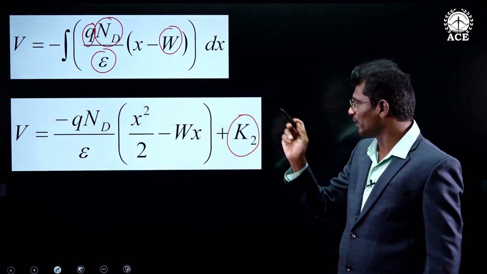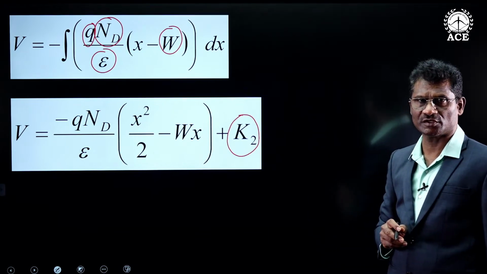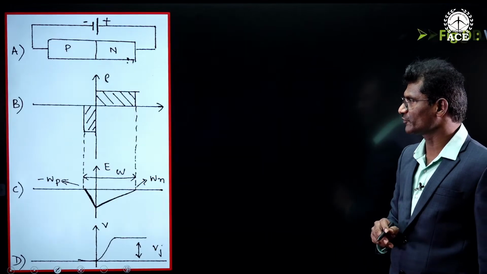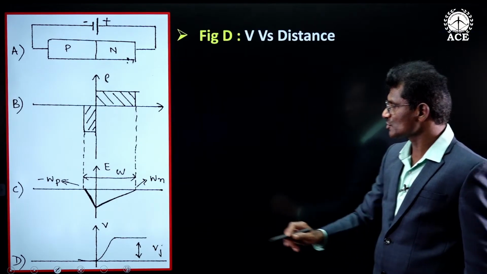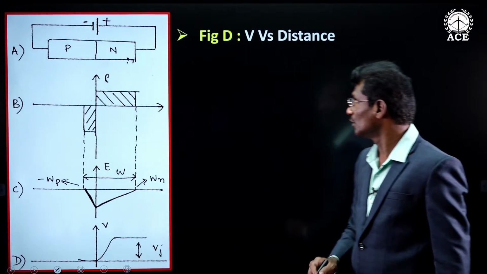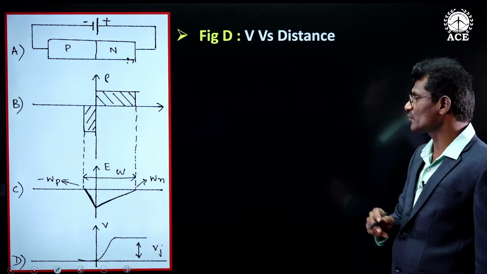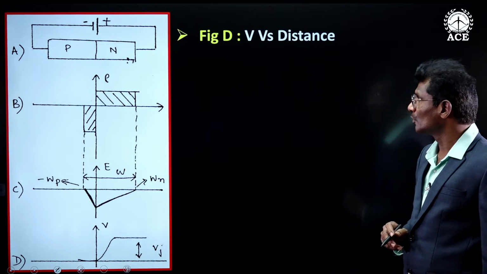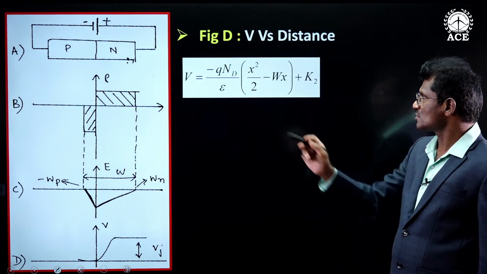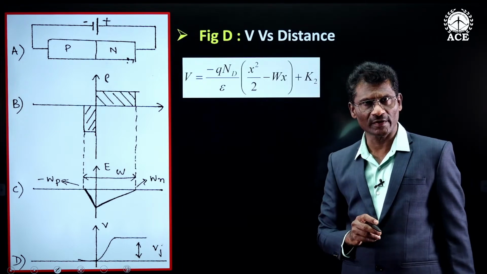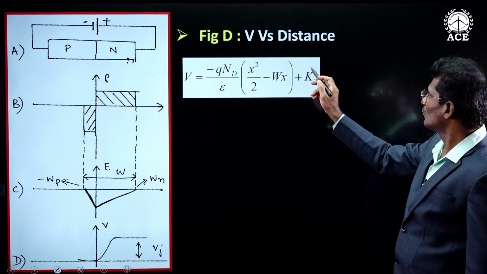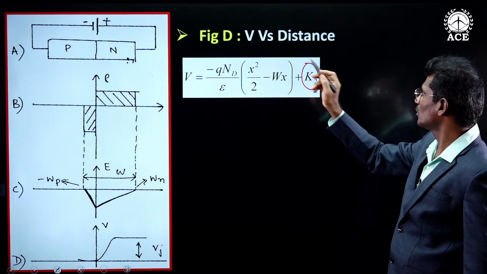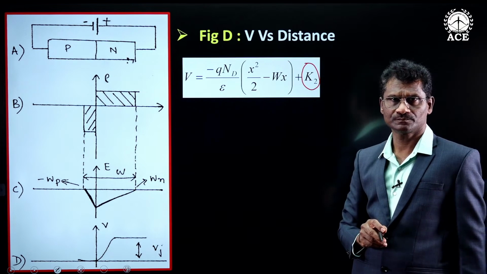Now, before finding out the value of integral constant, we look at a graph. That is figure D, the last one. It shows variation of contact potential with distance. Now, this is the equation which we have derived, in which we are supposed to find out the value of k2.